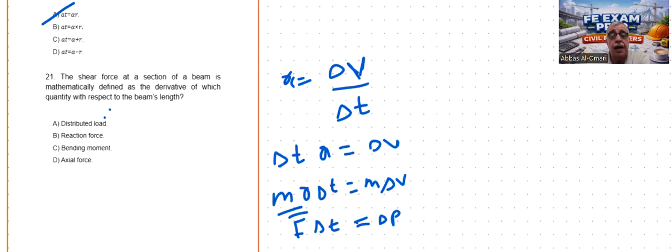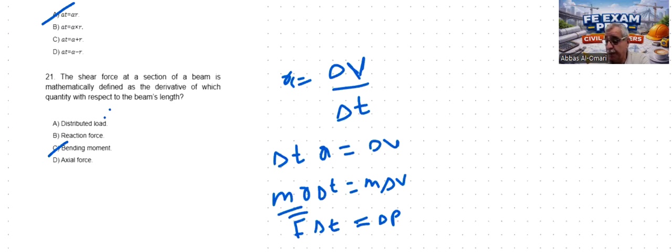The load, W of x, is the derivative of the shear. Moment is the derivative of the deflection. So these are the mathematical relationships between shear, moment, load, and deflection. So for this question, the correct answer is C. The shear is the derivative of the moment. Next question.